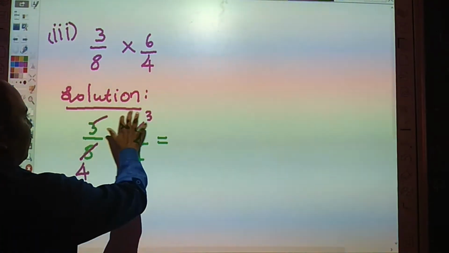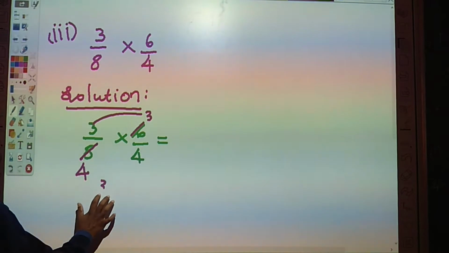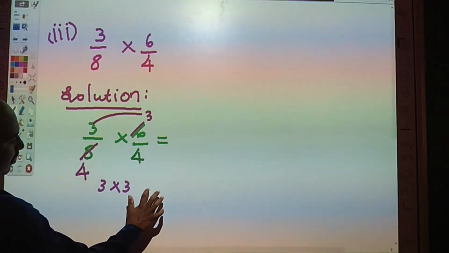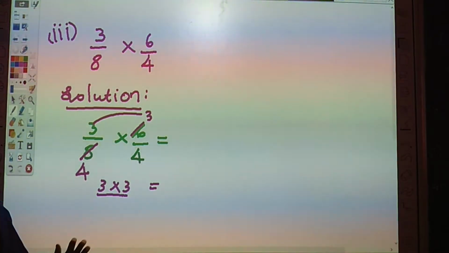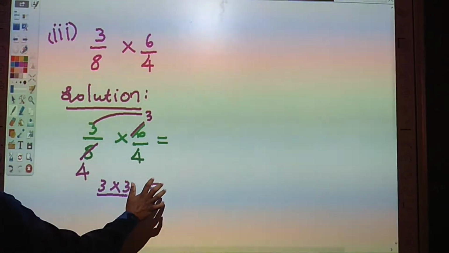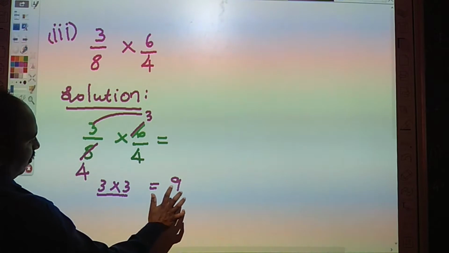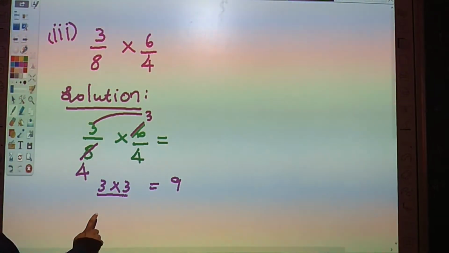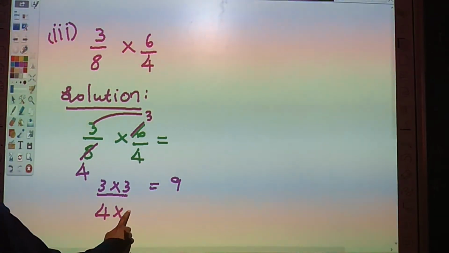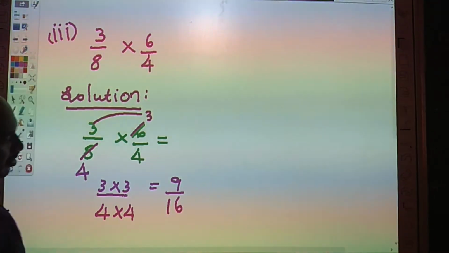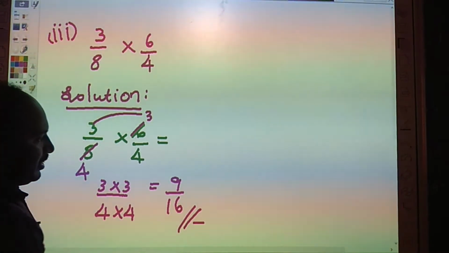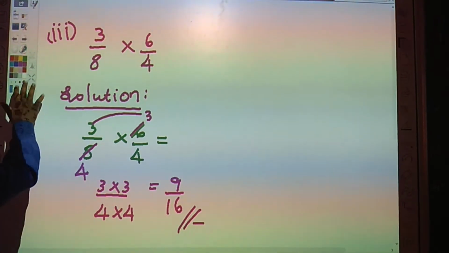Listen here, 3 by 8 into 6 by 4. Then 3 into 3 is equal to 9, and 4 into 4 is equal to 16. 9 divided by 16.